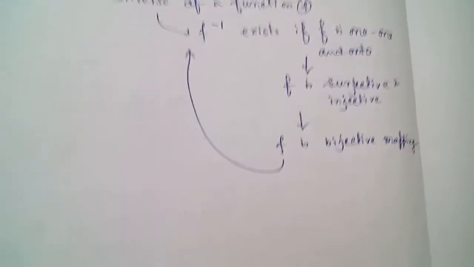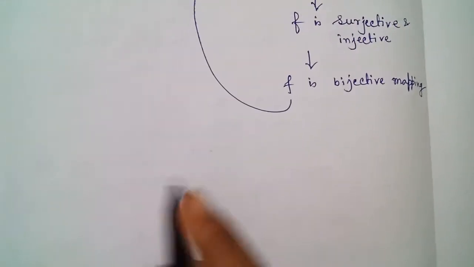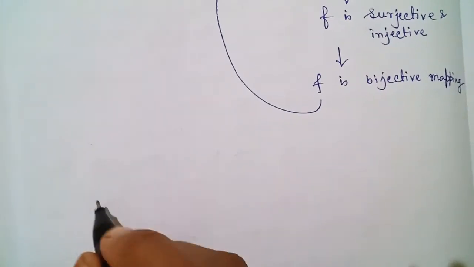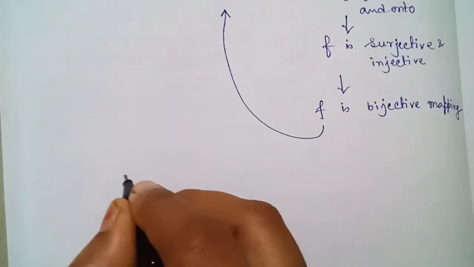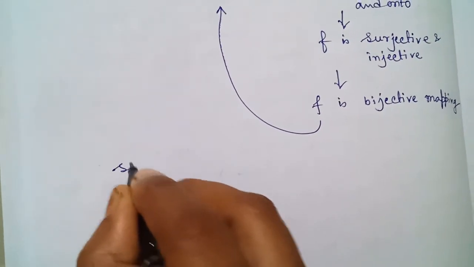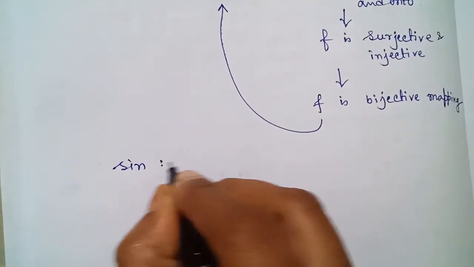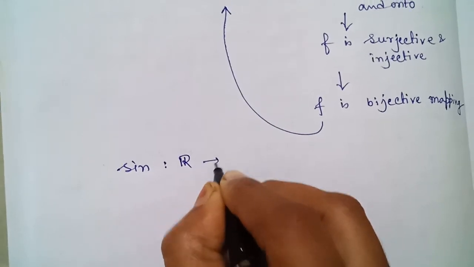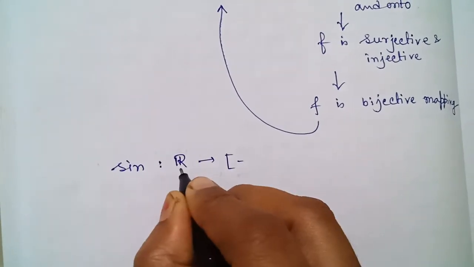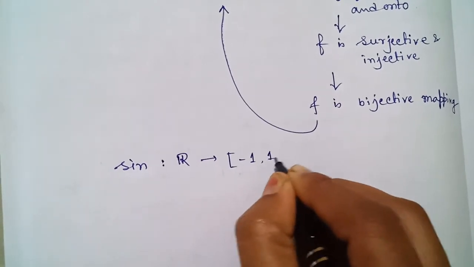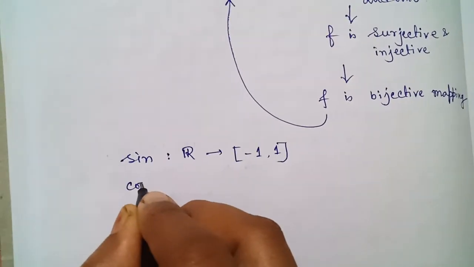Now let us go to its basic concepts. You all know there are 6 trigonometric functions, with their domain and range. Sine: the domain is R, the set of real numbers, and the range is [-1, 1].